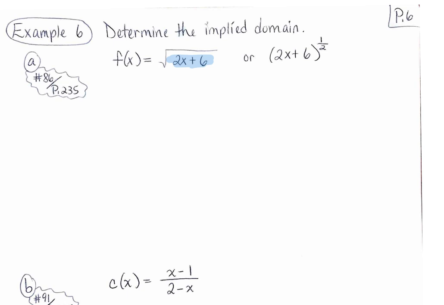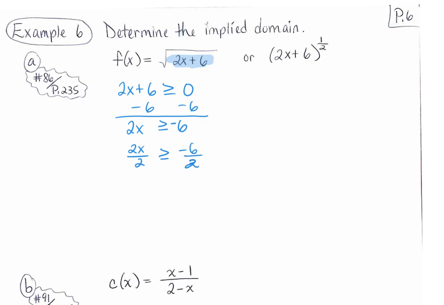So whenever we're finding our implied domain, we know 2x plus 6 has to be greater than or equal to 0, which means we subtract 6 from both sides to get 2x greater than or equal to negative 6. Then divide both sides by 2 to get x is greater than or equal to negative 3.